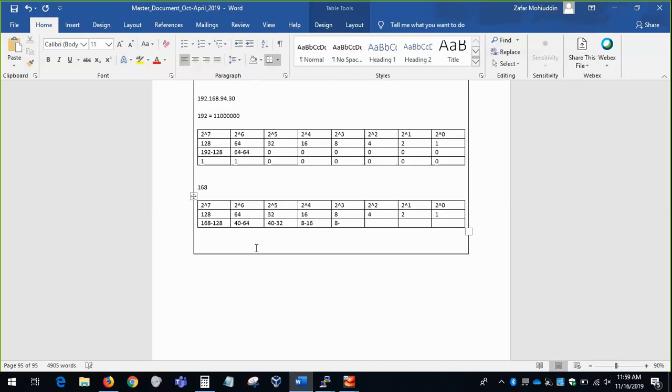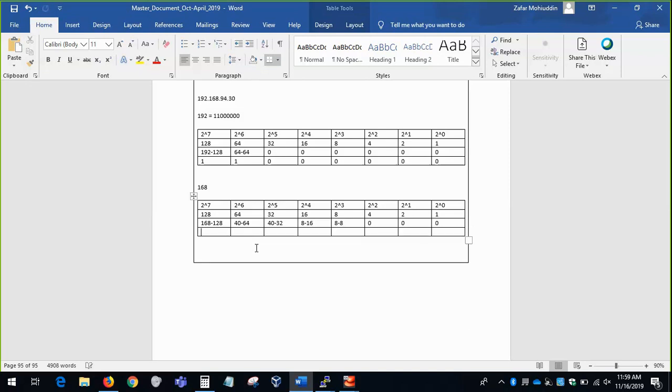And then 8 minus 8, yeah, we are able to do, and everything else is 0. So we put 1 here. We're not able to do anything here, so we put 0. And then we are able to do something here, so we will put down 1. And then not able to do anything, so 0 here. 1.